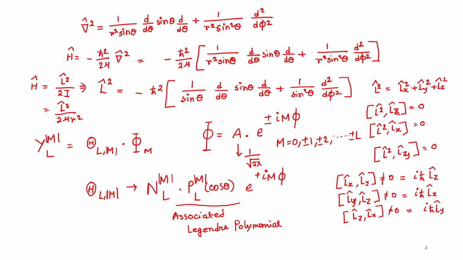That part is from the phi dependent part, and this left hand side part is from the theta dependent part. So this is not only my theta but also my phi dependence, that is my overall spherical harmonics. That is what my wave function is going to look like.